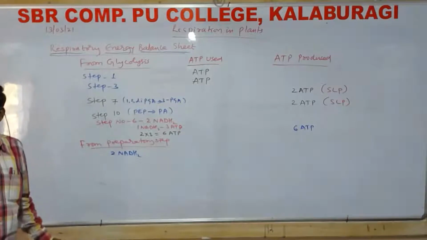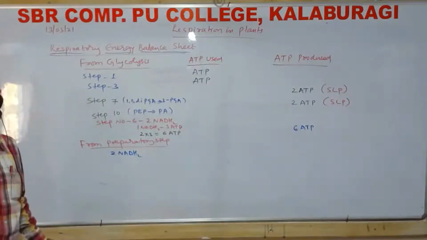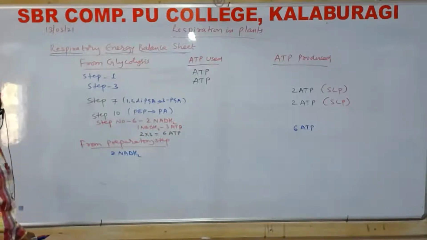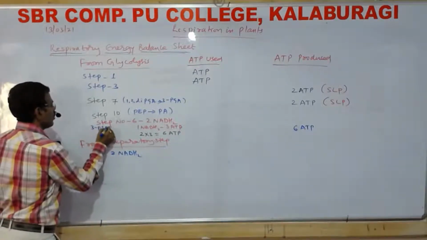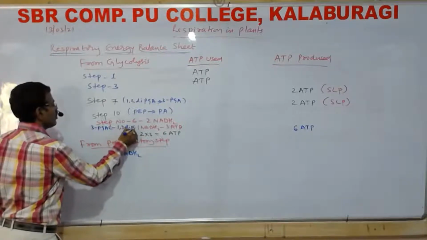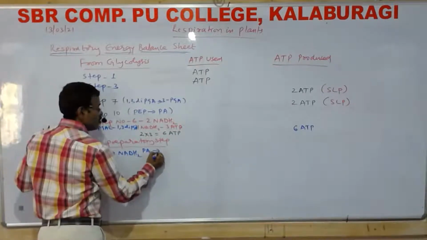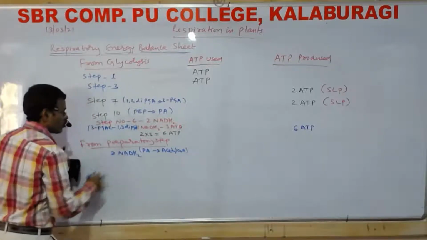That is an oxidative decarboxylation step, where pyruvic acid is converted into acetyl coenzyme A. 2 molecules of pyruvic acid, a 3-carbon compound, are subjected to oxidative decarboxylation and converted into 2 molecules of a 2-carbon compound, acetyl coenzyme A. Right? So step number 6 is 3-PGAL to 1,3-DiPGAL, remember this. And here pyruvic acid to acetyl coenzyme A, that is the preparatory step. So 2 NADH2 are produced.